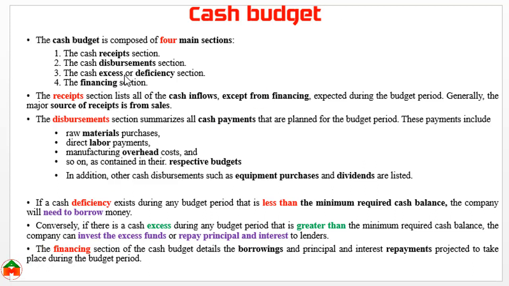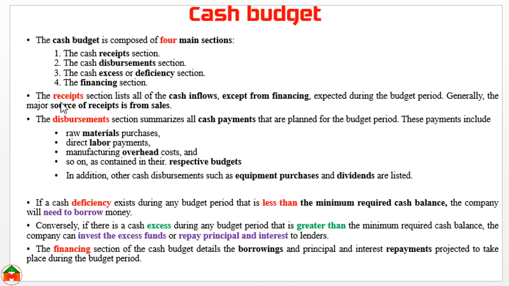There may be cash excess or there may be cash deficiency. And the last section of the cash budget is the financing section.